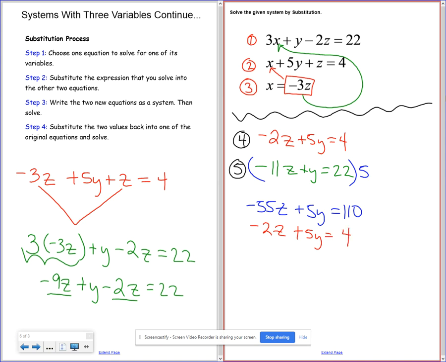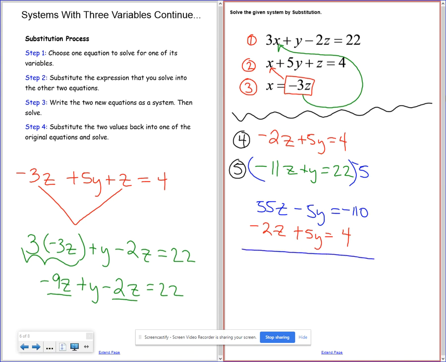But they're not going to cancel out. What I should have done, I didn't notice, I should have multiplied by negative 5. So let me just change this to a negative 5. That would change the signs of everything in this blue equation, and then my y's will cancel each other out. So this would be positive 55z minus 5y equals 22 times negative 5, which is negative 110.